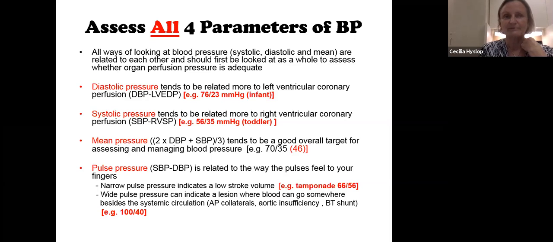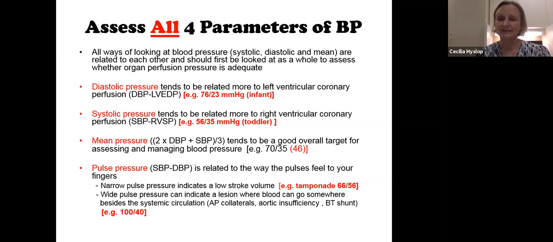If you're 1 year to 10 years, then it should be 80 plus 2 times age in years. So if I'm a 4-year-old, 4 times 2 is 8, plus 80 is 88 systolic, would be normal.